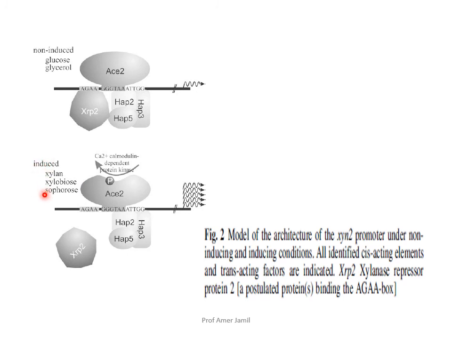So all these are inducers of xylanase gene expression, and here you can see a lot of gene expression. The repressor protein also detaches from here, and the activators are there. In this way we see how these two xylanase genes interact with different transcription factors for their repression or activation.